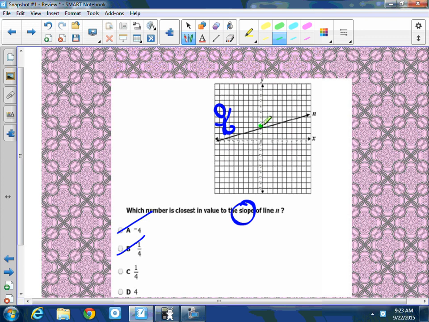Okay, so I can read that one and that one right there. So let's go down. Let's make our triangle.